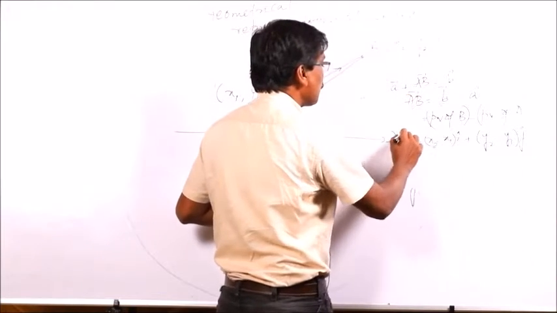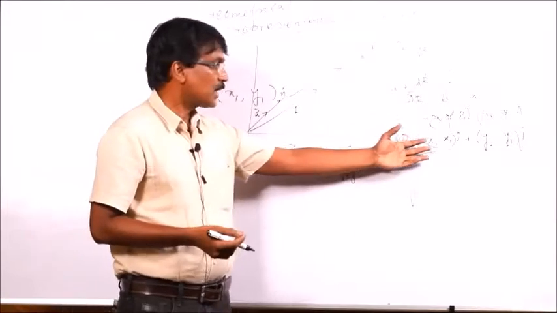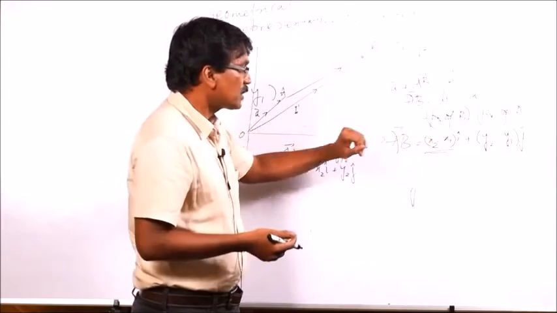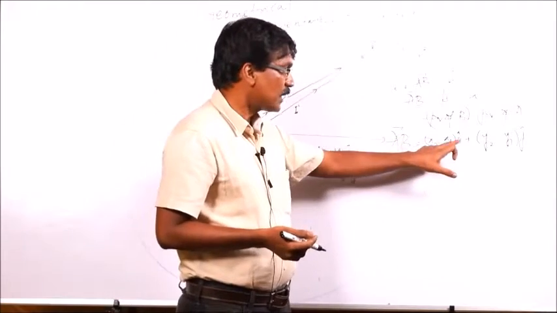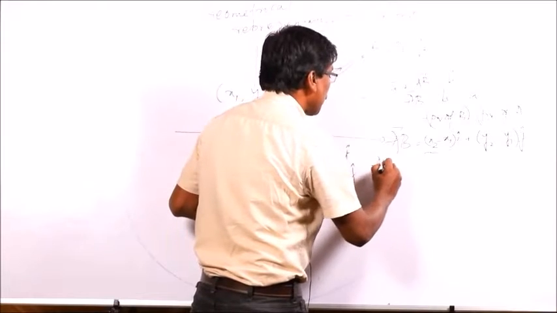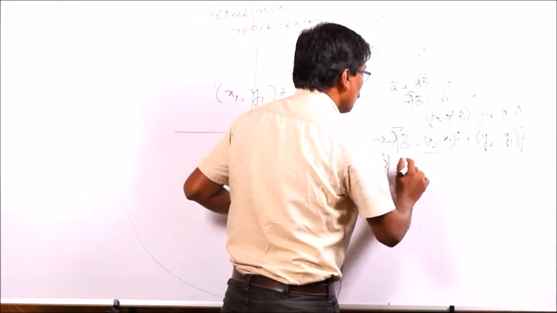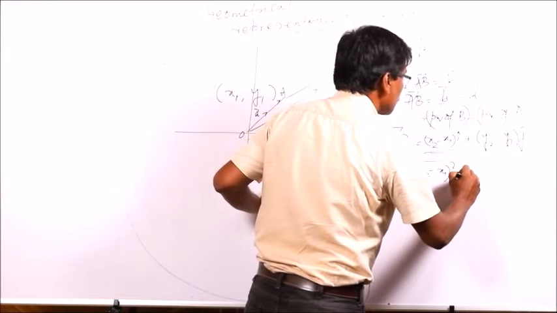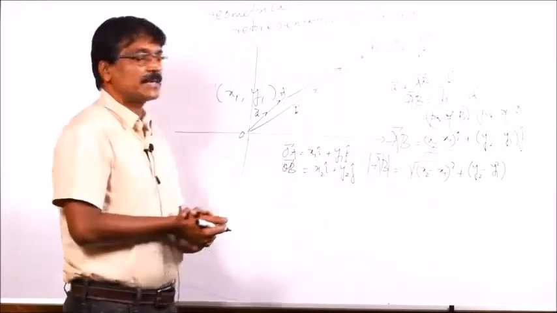So that is AB vector. x2 minus x1 and y2 minus y1 are called scalar components of AB vector, and its vector components are x2 minus x1 i cap and y2 minus y1 j cap. Now the magnitude of AB vector is defined to be root over of x2 minus x1 whole square plus y2 minus y1 whole square.